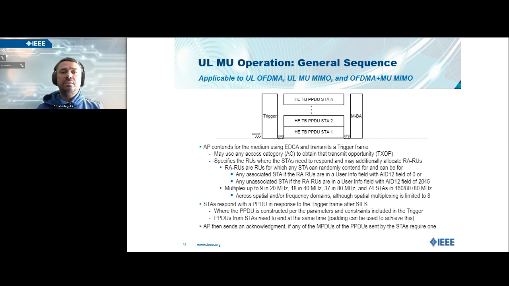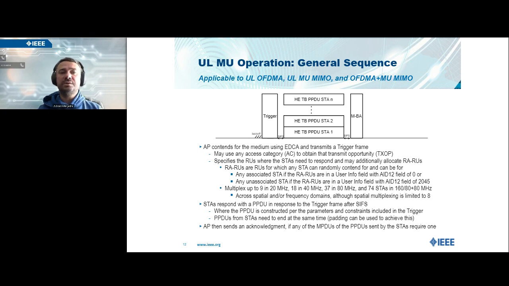So in general, the RU allocation and the numerology that we have allows the access point to multiplex up to 9 stations in 20 megahertz bandwidth, up to 18 stations in 40 megahertz, 37 in 80 megahertz, and 74 stations in 160 megahertz bandwidth.